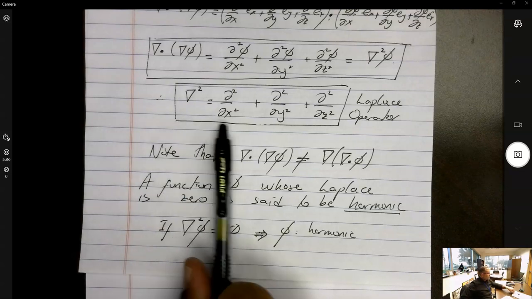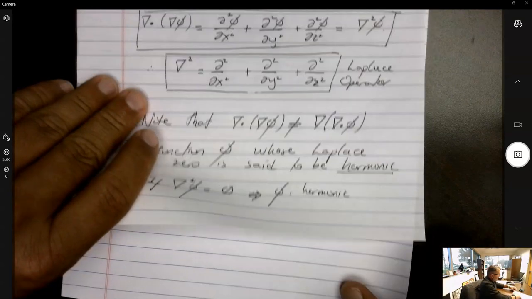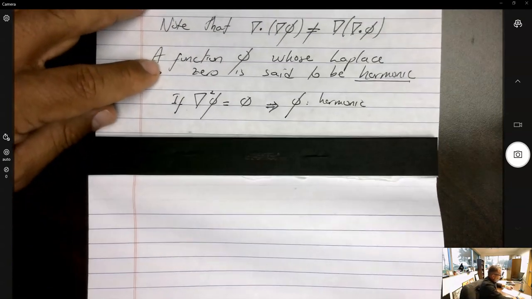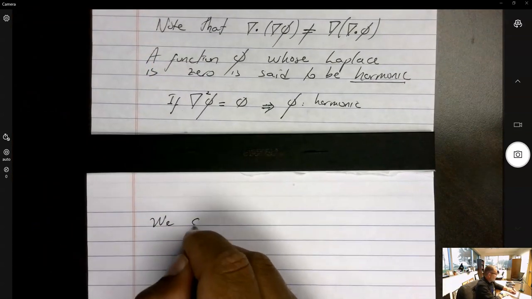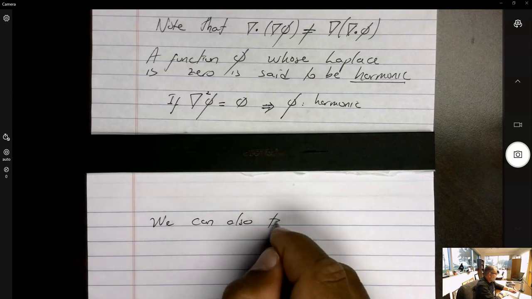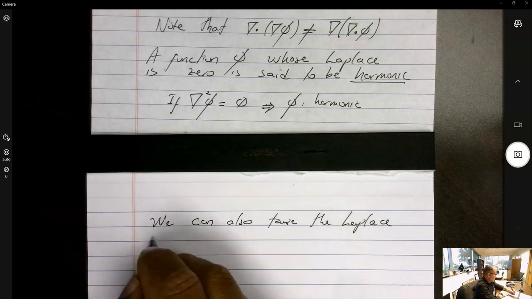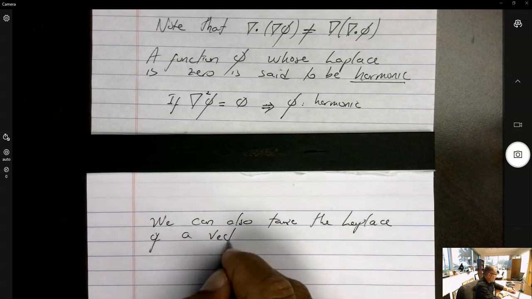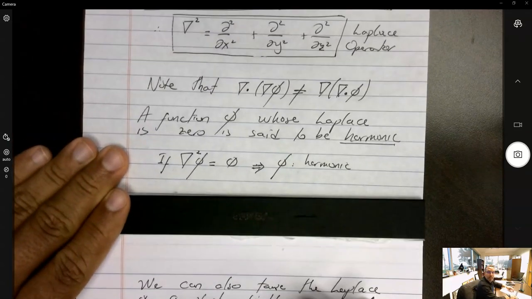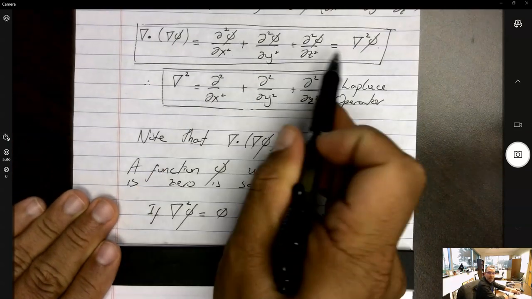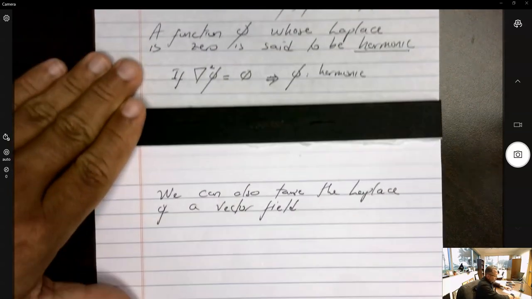By the way, this Laplace is an operator that, actually let me write that. We can also take the Laplace of a vector field. In here we're taking the Laplace of a scalar phi, with its second derivatives with respect to x, y, and z.